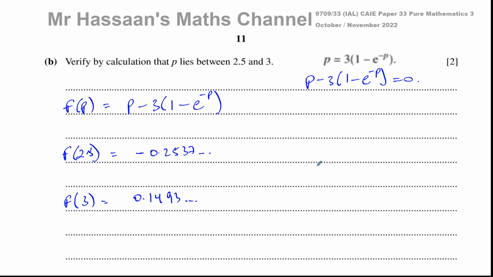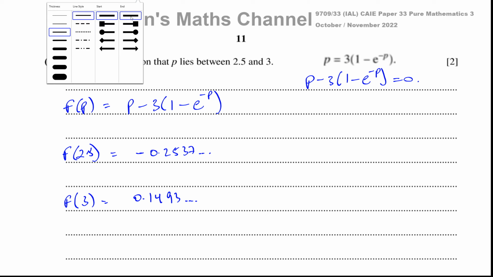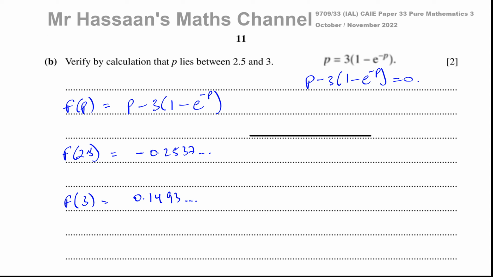So here we can see very clearly that between these two there is a change in sign. Supposing we have a sketch of the graph between 2.5 and 3, we can see that at 2.5 it had a negative value, and at 3 it has a positive value.